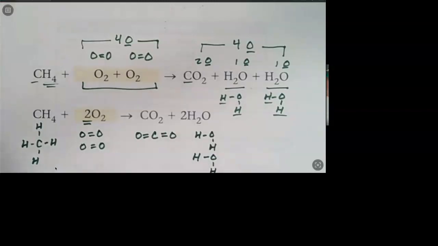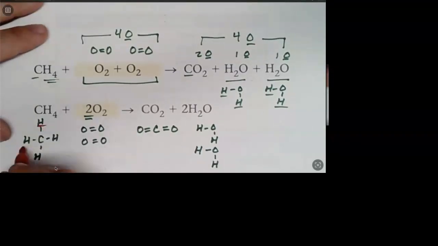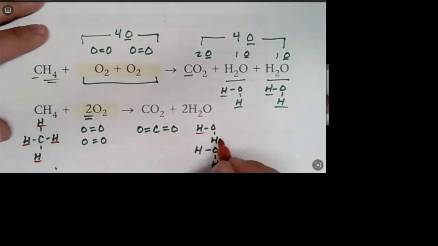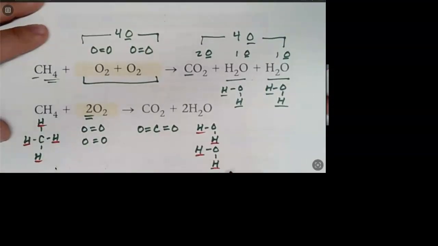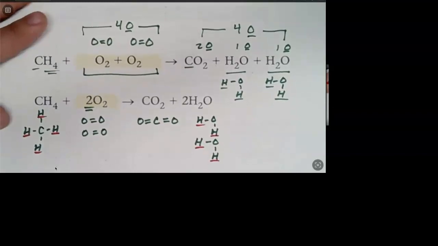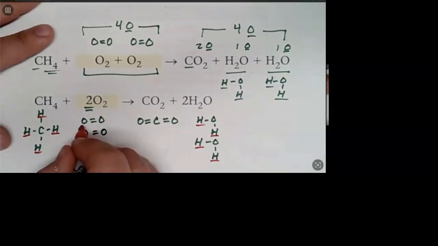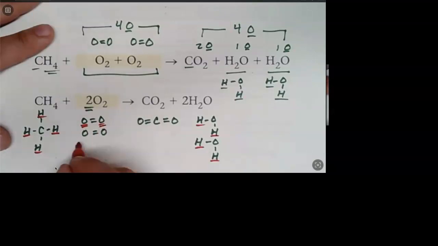So now this particular equation is balanced because if I count everything, it adds up on both sides. So I've got 1, 2, 3, 4. Over here, I have 1, 2, 3, 4. So my hydrogens are balanced. Over here, I have 1, 2, 3, 4.